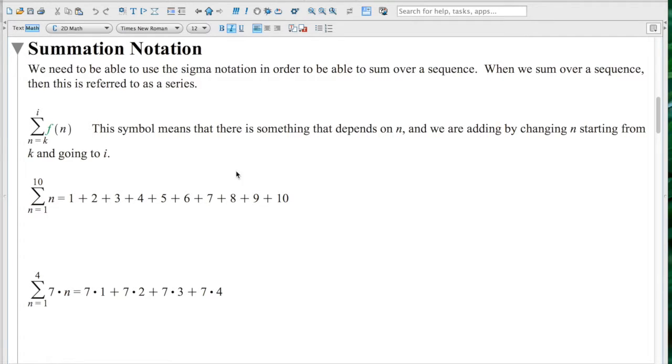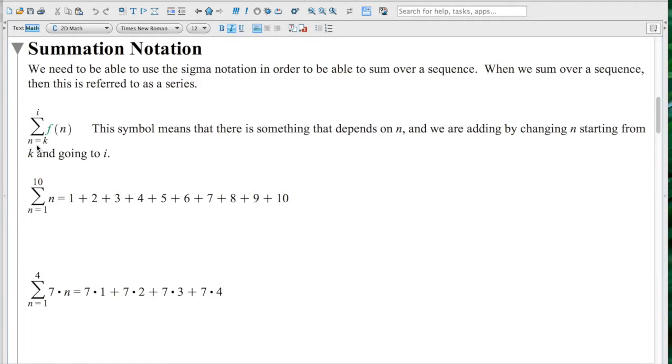The other topic we need to cover before we look at series will be the sigma summation notation. So this is the Greek letter capital sigma. Underneath the capital sigma is an index. The index beneath the sigma indicates the starting point of a series.